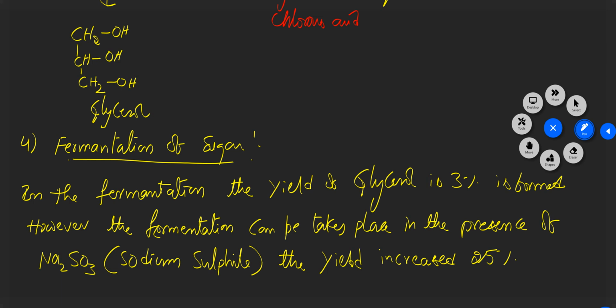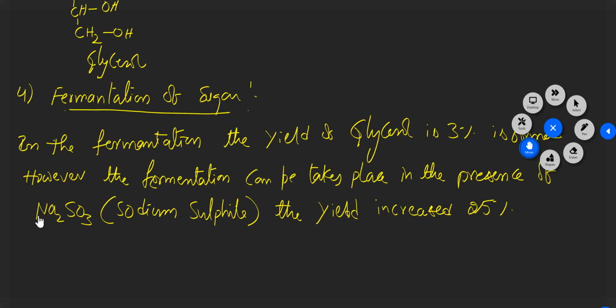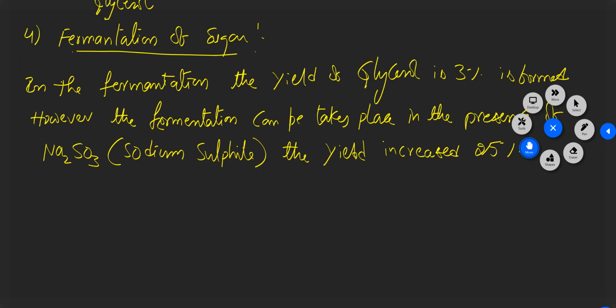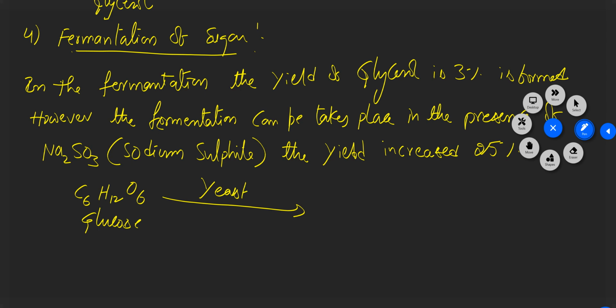So what is the reaction? If we take that mother liquor of sugar and do hydrolysis, what molecule is formed? Glucose, C6H12O6. This glucose undergoes fermentation with yeast in the presence of sodium sulfite, Na2SO3. It forms glycerol, C3H8O3.